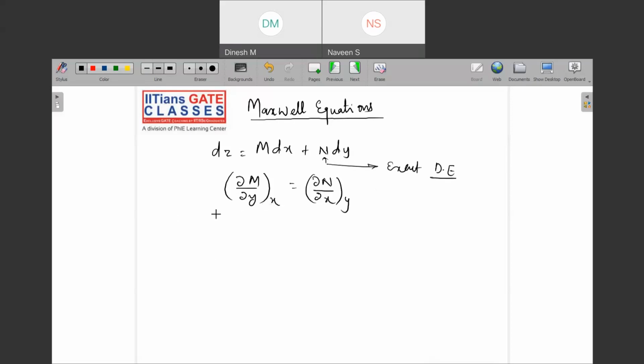So to understand the Maxwell equations, we need to understand this one from mathematics.